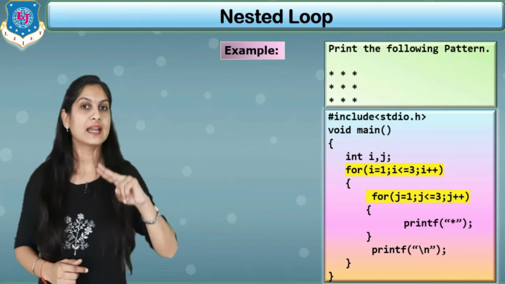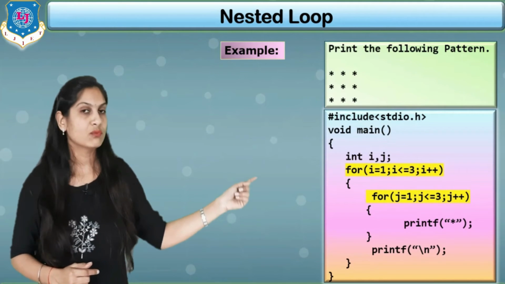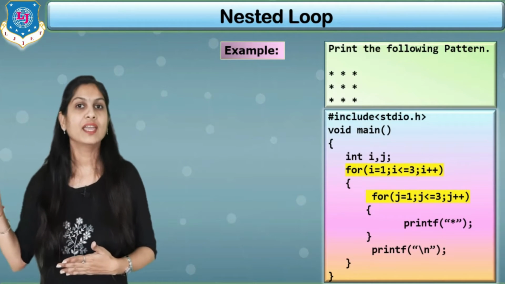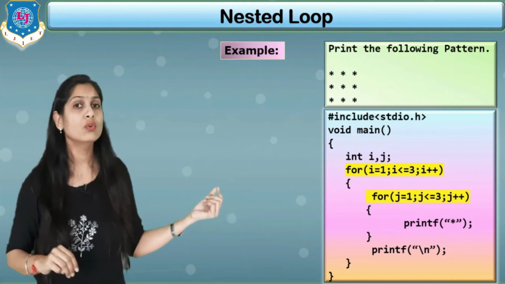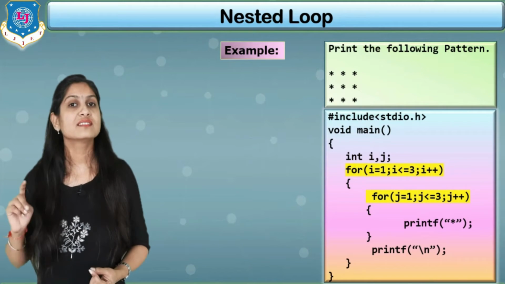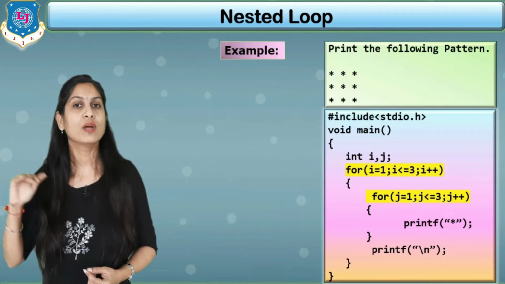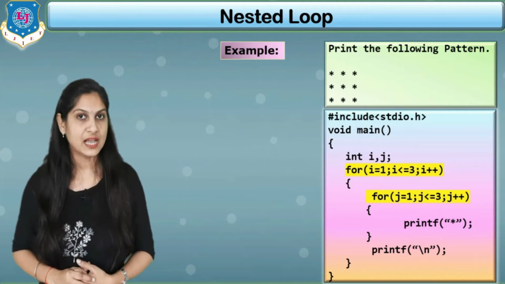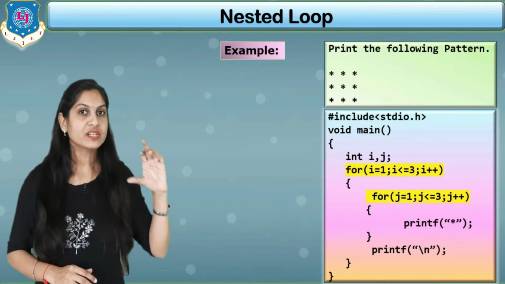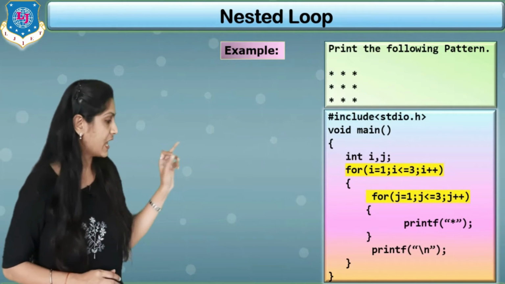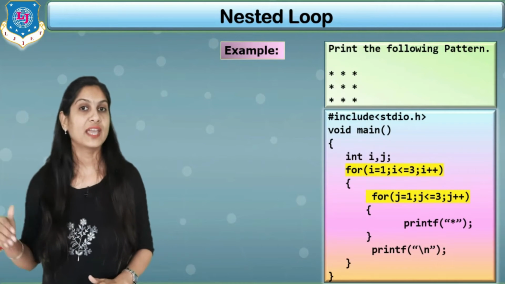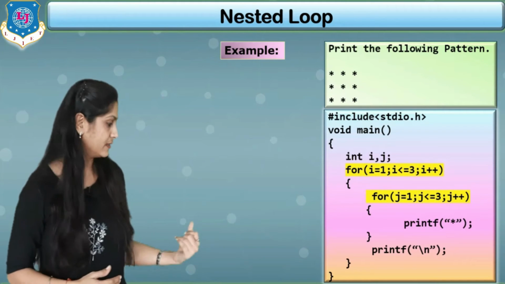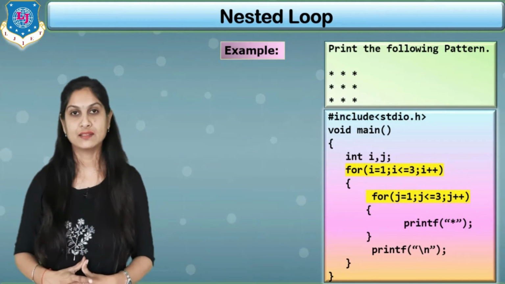In the column, starting with 1, j less than or equal to 3, and j plus plus, because the columns are again 3. Now we have to print only the star for each and every row and column. So our logic is just printf star, and then after completing the inner loop we have to print \n. \n means we move to a new line, and then stop the execution.